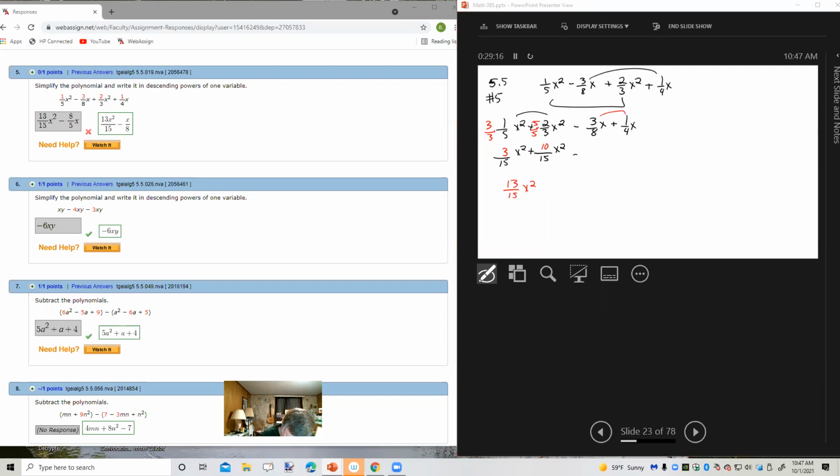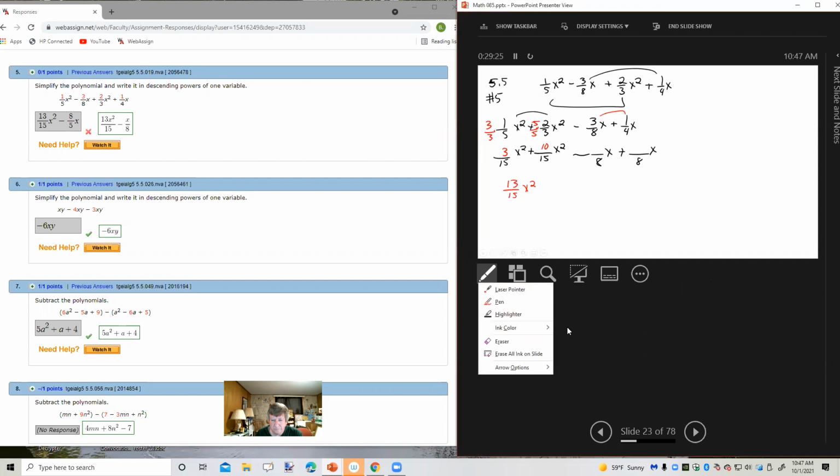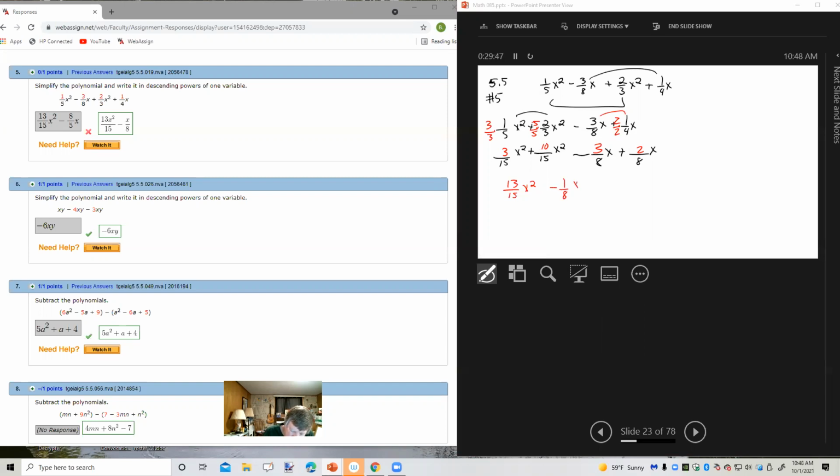So minus so many 8x plus so many 8x. I don't need to do anything to the 3/8, since it ain't broke, don't fix it, right? But the 1/4 I'll multiply by 2/2, so I get 2/8. Minus 3/8 plus 2/8 would be minus 1/8 x.